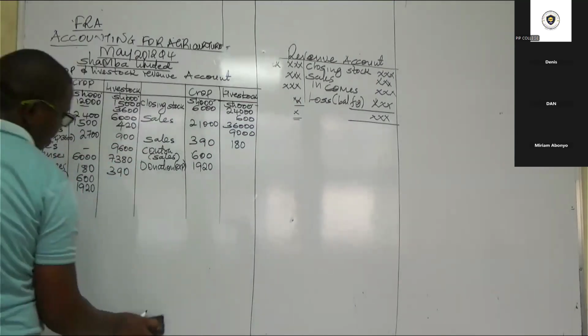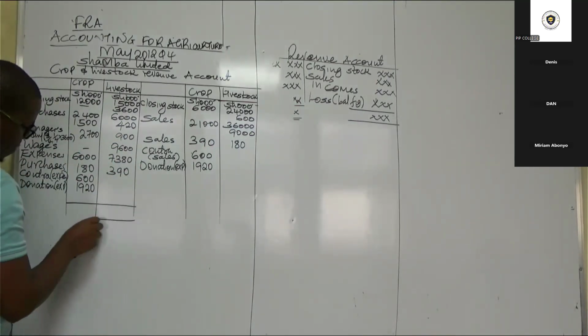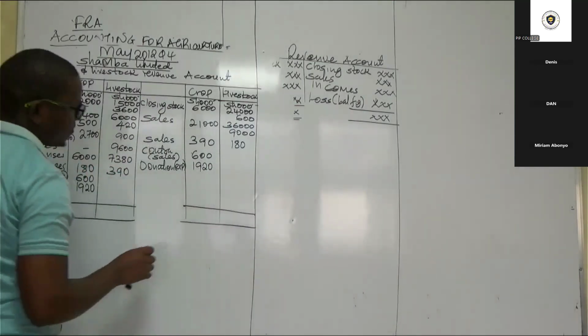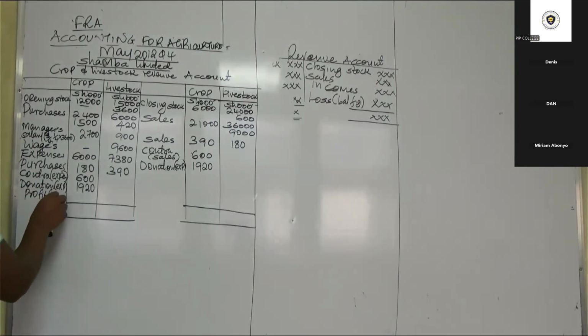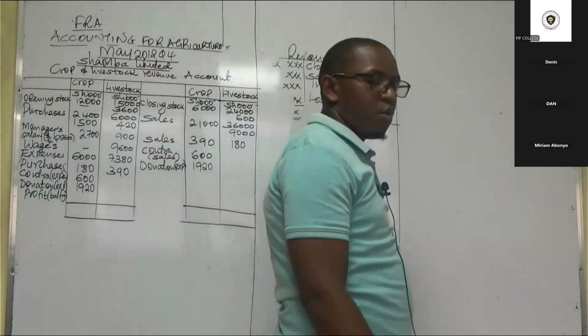Yeah, the balancing, where is the balancing figure? So credit side seems to be more. So get the total on the credit side. You balance. Know which profit they were able to make. The profit that they made is of how much?